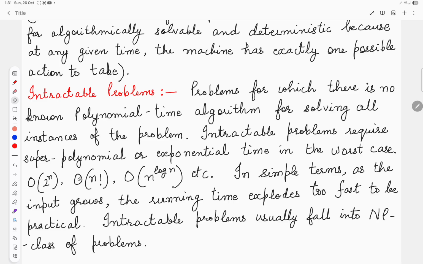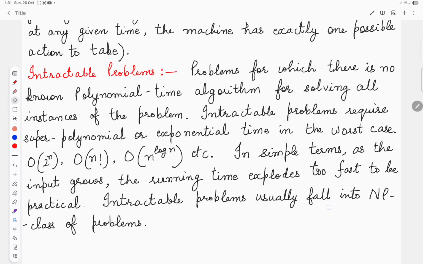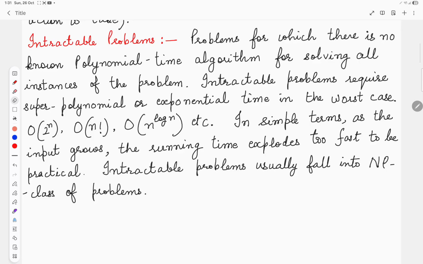N factorial is a kind of super polynomial, and so on. So if some problem has time complexity expressed as big O of some exponential power, then it is a complex solution. In simple terms, as the input grows, the running time explodes too fast to be practical because it is exponential in nature. Intractable problems usually fall into the NP class of problems.